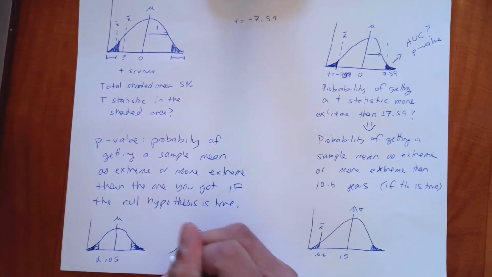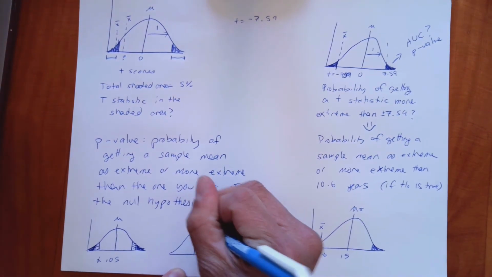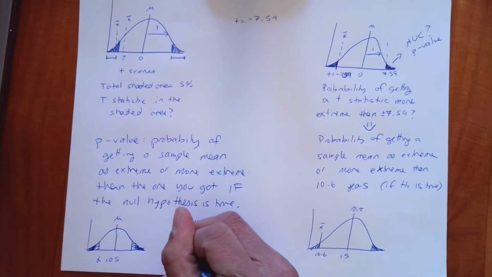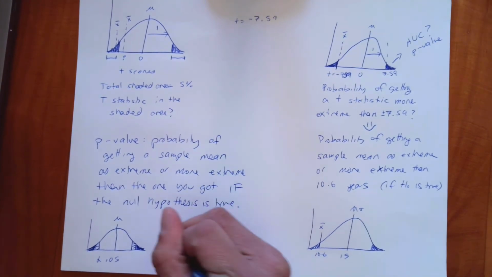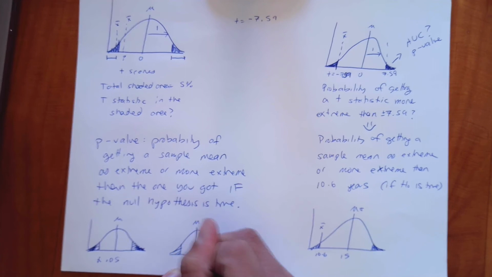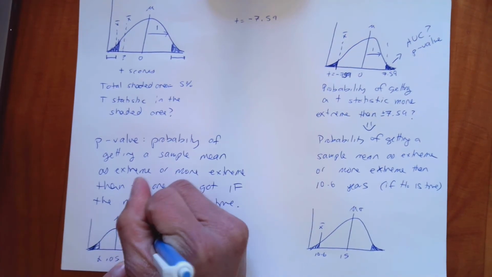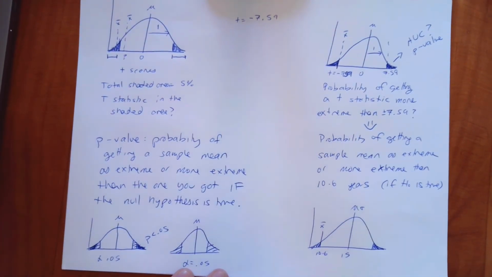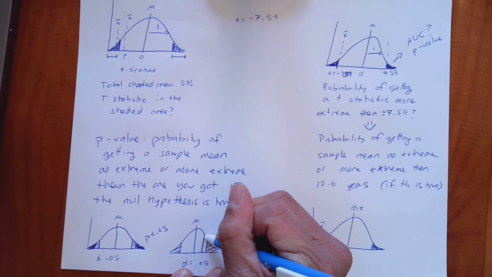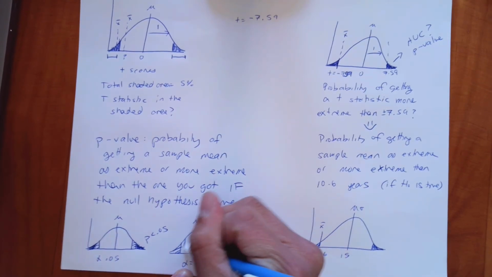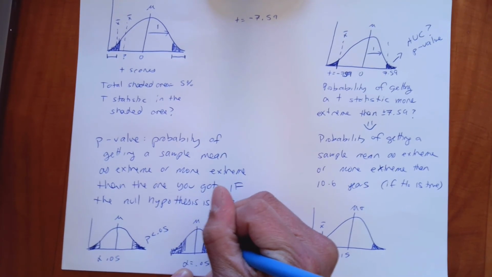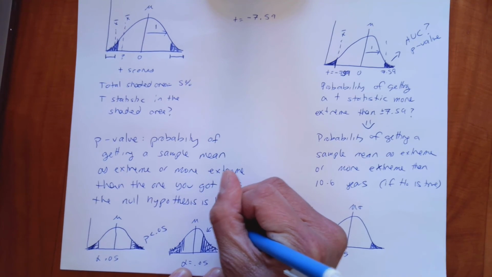If, on the other hand, our p-value is larger than our alpha level, then our p-value is outside of the shaded area, and it includes some of the values that would be in the don't reject zone.